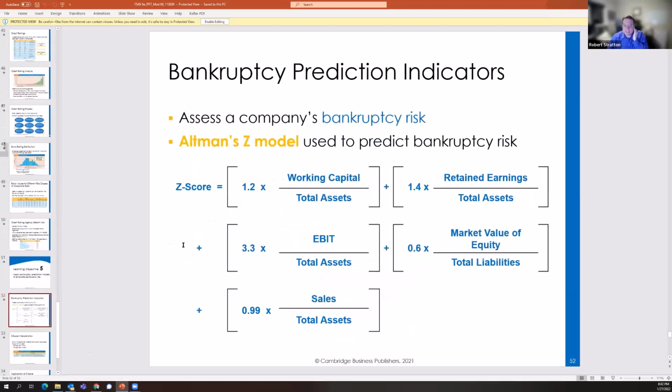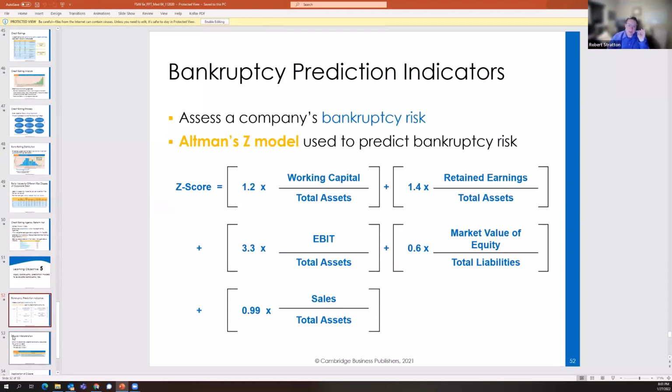Okay, and then I think lastly, what we have here is the Z-score. Z-score is pretty cool. I'm guessing this was some kind of statistical analysis, some kind of regression analysis that came up with this. But essentially, you take these ratios and multiply them by the 1.2 whatever, and add them together, and you come up with a Z-score.